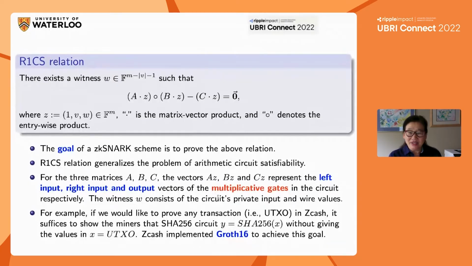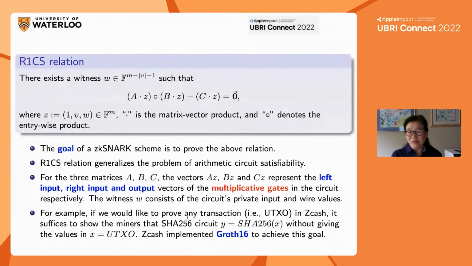So like I mentioned, here basically three vectors represent the left input, right input, and output vectors of multiplicative gates in the circuit. And the witness W basically consists of the private input and wire values of the circuit.